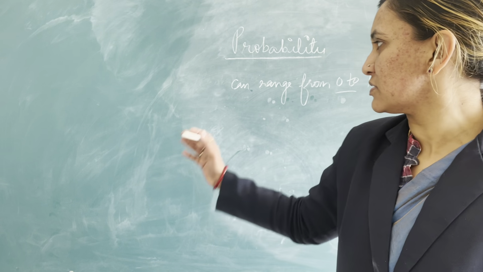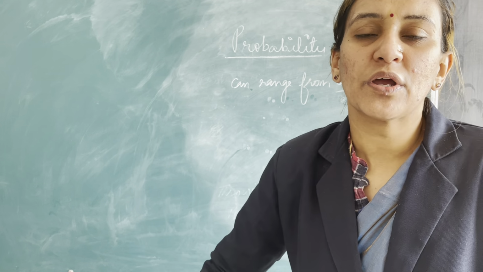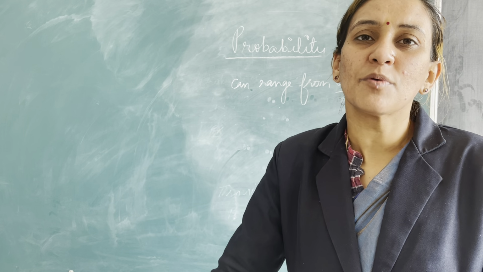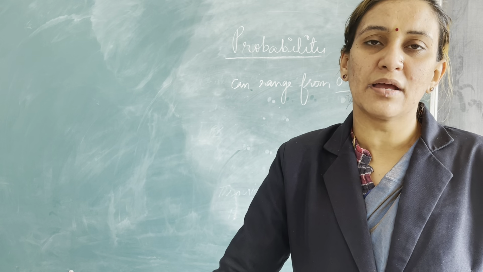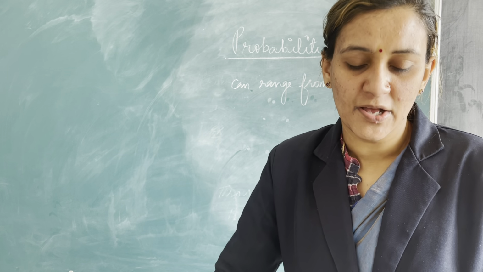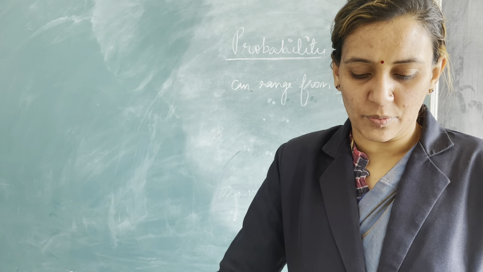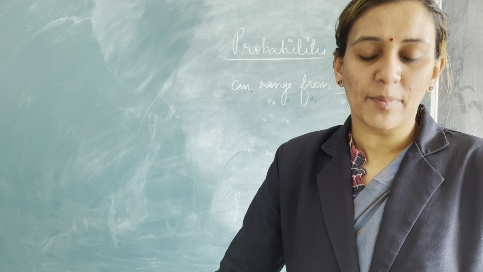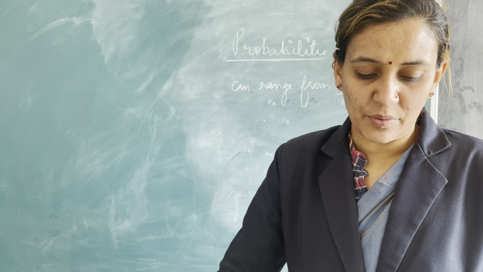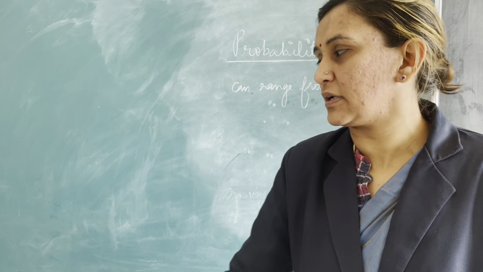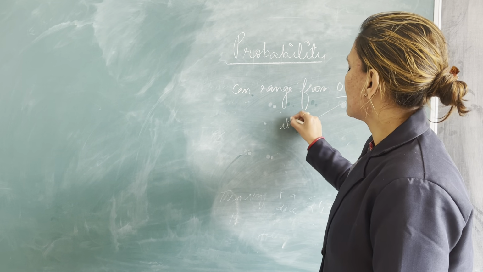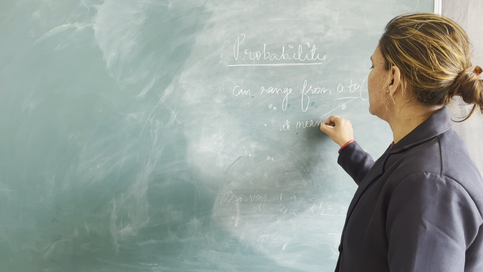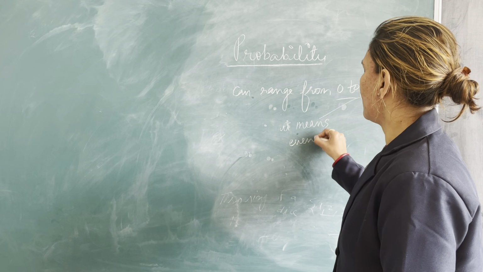For example, just now we discussed the case of throwing a dice. If I ask you what is the probability of getting 7 when you throw a dice, you know that 7 cannot come. So the probability is 0. And what do you mean by probability 1? It means that the event will happen certainly.